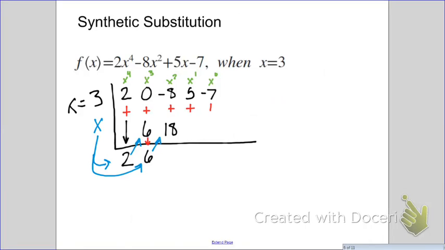And now it's time to add straight down. Negative 8 plus 18 is 10. Now multiply by 3, and you get 30.